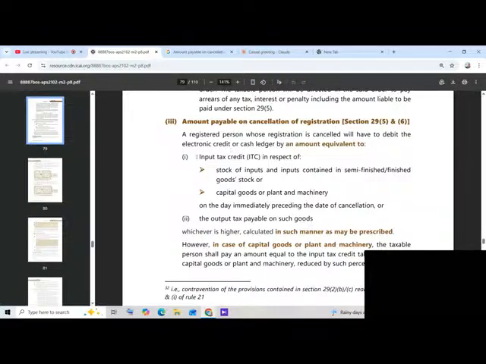A registered person whose registration is cancelled will have to debit the electronic cash ledger or credit ledger by an amount equivalent to input tax credit in respect of stock of inputs and inputs contained in semi-finished or finished goods stock, capital goods or plant and machinery on the day immediately preceding the date of cancellation, or the output tax payable on such goods, whichever is higher, calculated in such manner as may be prescribed.